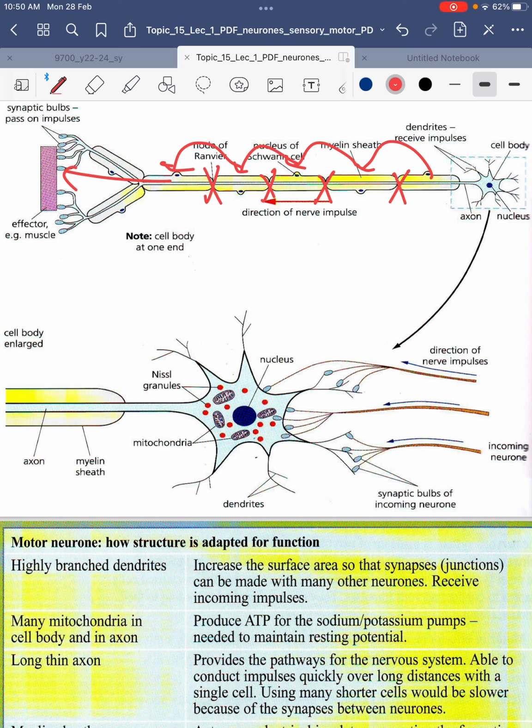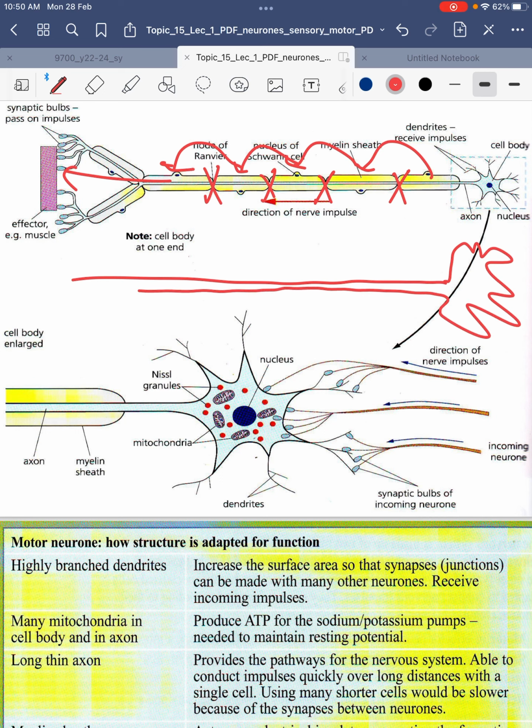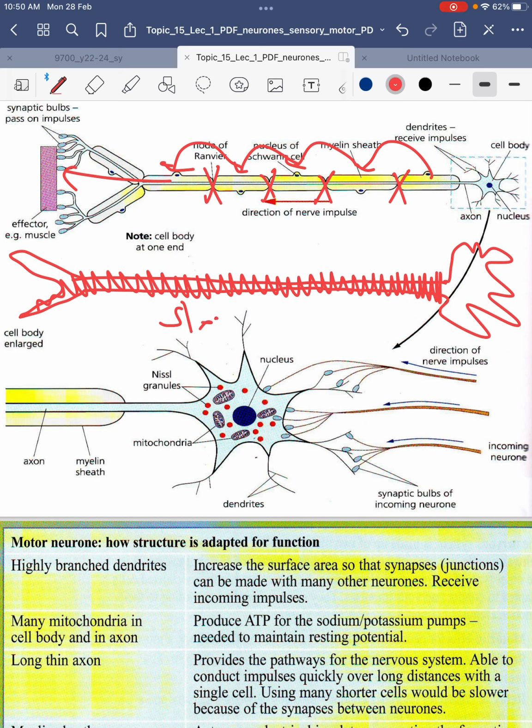So let's say there is no myelin shield. If there is no myelin shield, the electrical impulse has to go through all the regions, and then it reaches the effector. So it is slower.